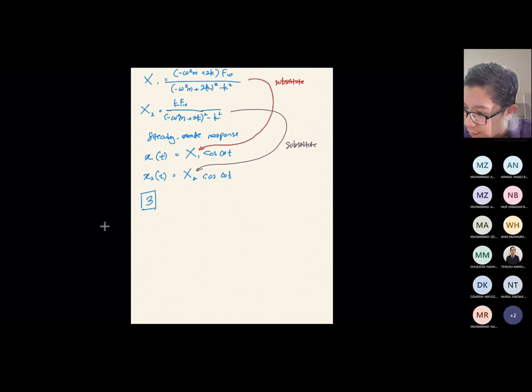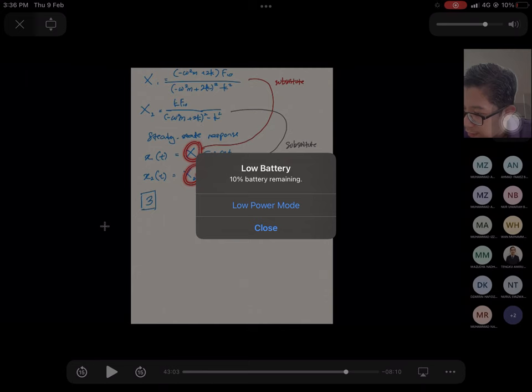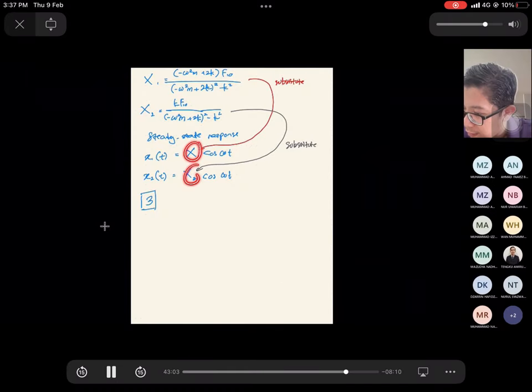The steady state response equation will be similar to the response equation, just that how you get X1 and X2 will be a bit different.